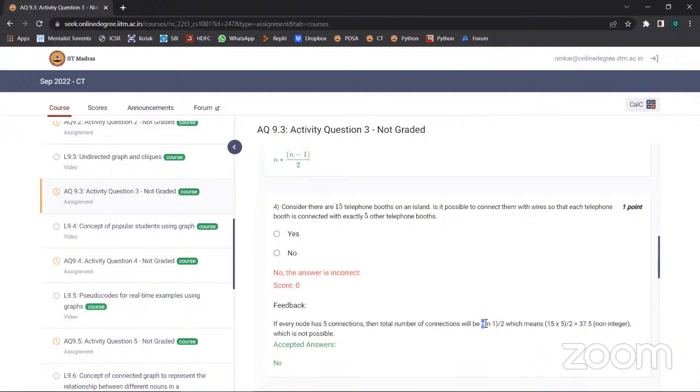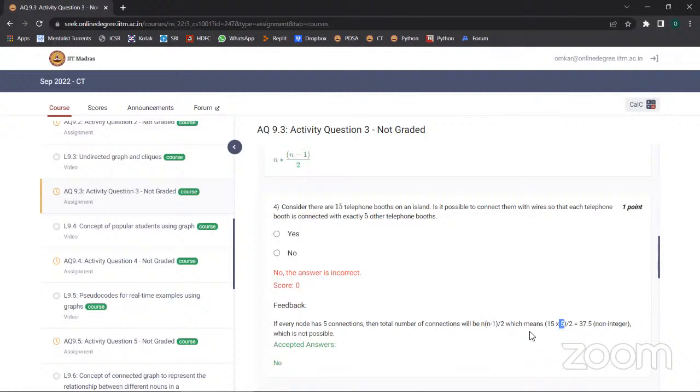Because there are 15 nodes, and each node is connected to 14 other nodes, one less than the number of nodes. So it is 15 into 14 divided by 2. This time I want to connect each node not to 14 but to 5 only, so it is 15 into 5 divided by 2. Instead of the 14 part, we replaced it with 5.